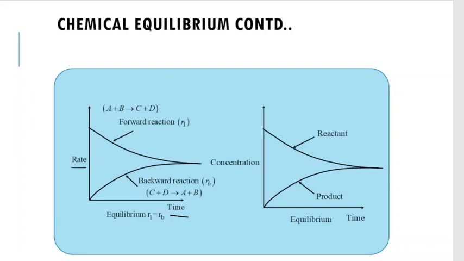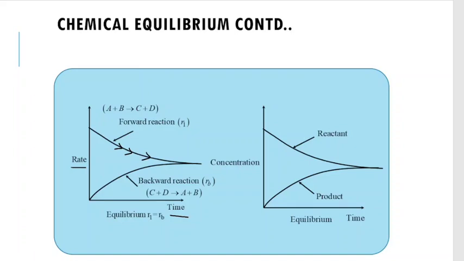So the forward reaction rate is very high initially. Slowly, as A and B are consumed, the rate of forward reaction also slowly decreases, and it reaches a particular stage where it becomes constant and equal to the rate of the backward reaction.